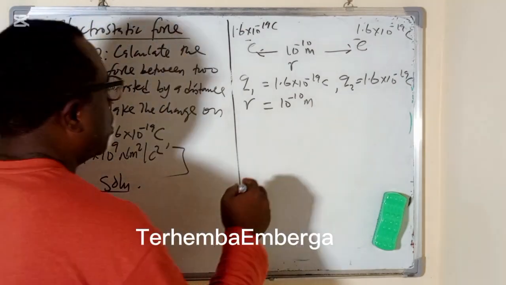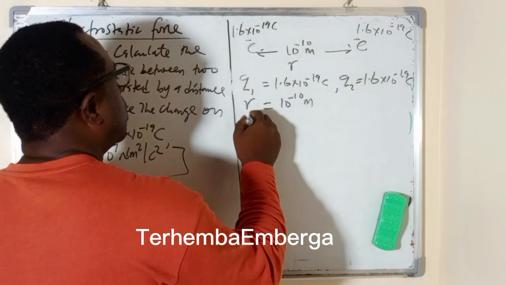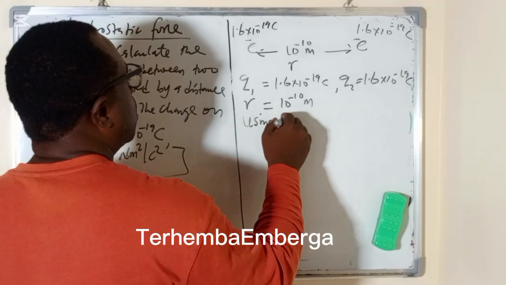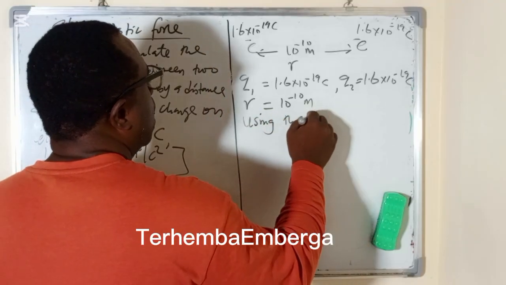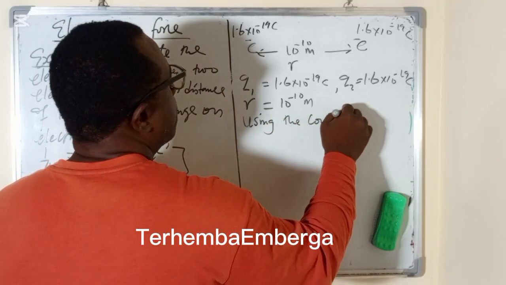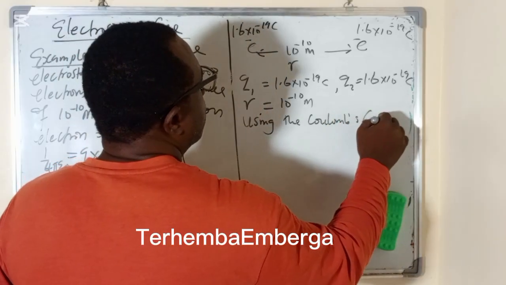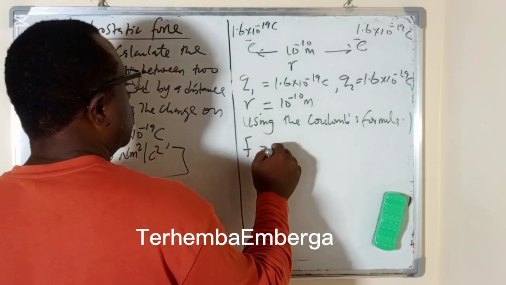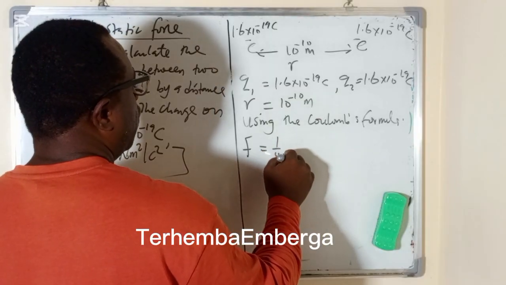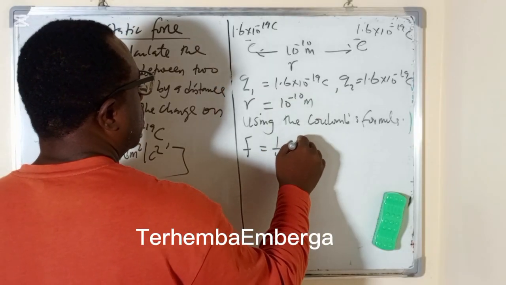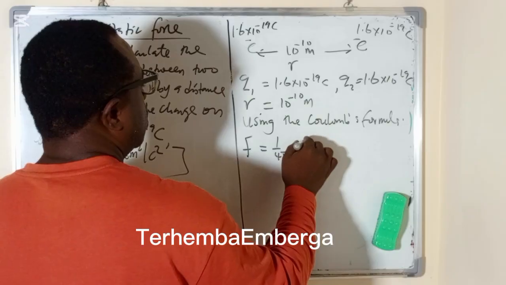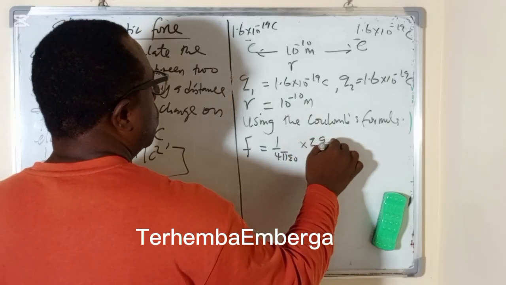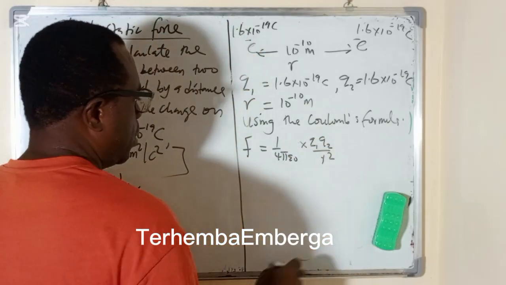So what we need to do at this time is to state Coulomb's law, the Coulomb's formula. We state that F is equal to 1 over 4 pi epsilon naught times Q1 Q2 all over R square.